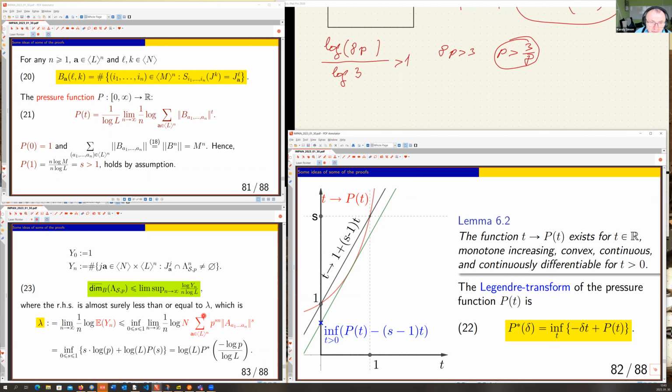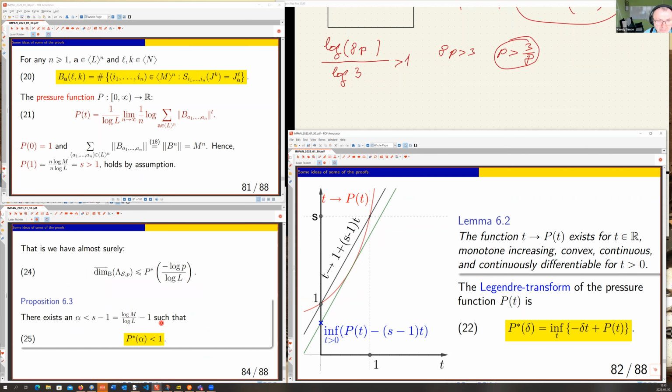So from this, it follows that even if I do not have time to complete everything, the crux of the matter will be that you can find an alpha which is smaller than S minus 1, such that the Legendre transform, this is the Legendre transform for S minus 1.